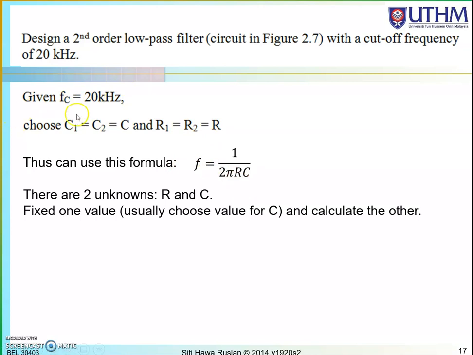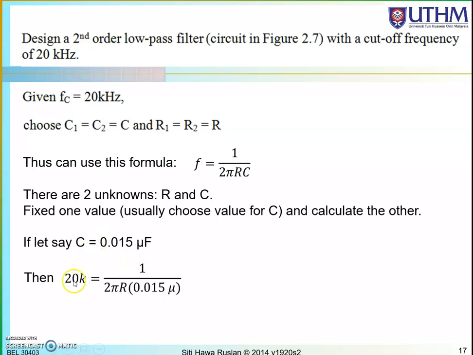Again, you have two unknowns, R and C. Usually, we choose the value of C because it has limited values, and then calculate the other one. In this example, I choose my C to be 0.015 microfarad. Plug into the equation the given frequency and the chosen capacitor value, and find the value R. You get R is 531.